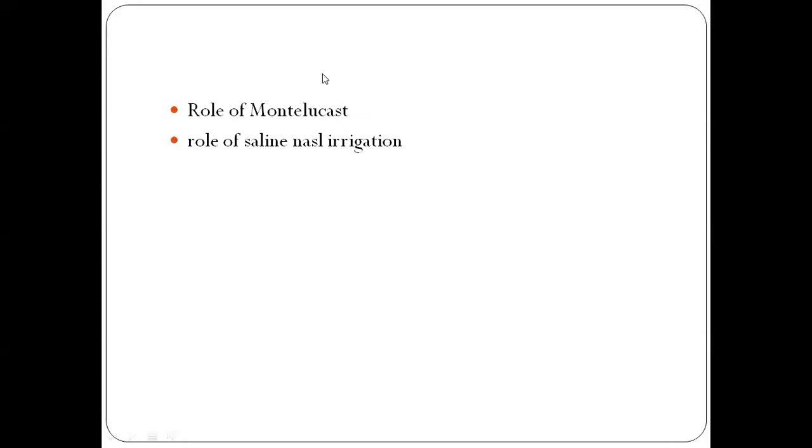Is it indicated in allergic rhinitis? How many of you are using montelukast as first line, like you are starting it first when you are suspecting allergic rhinitis?